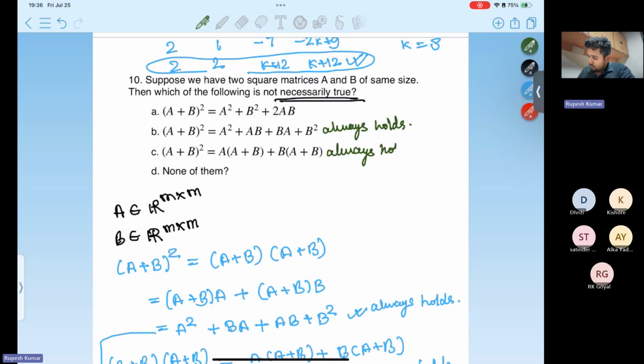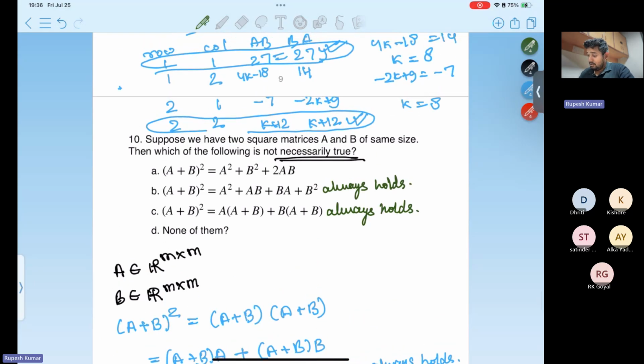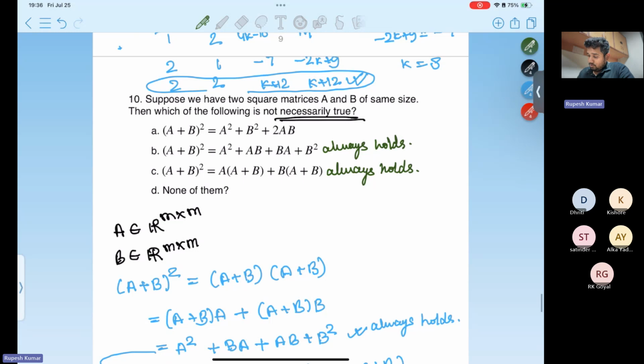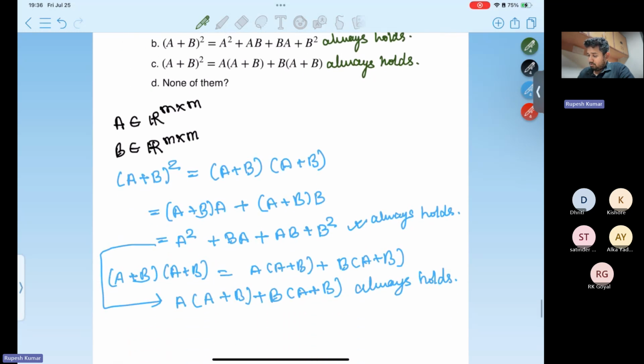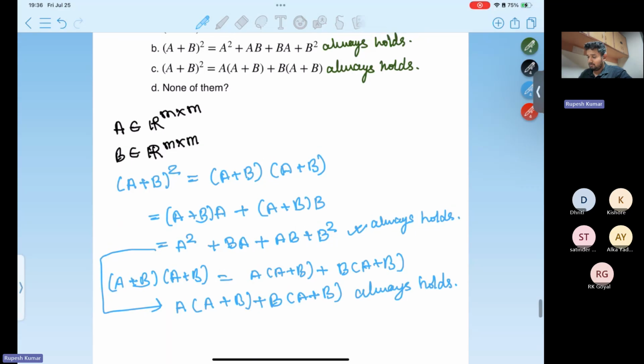always holds. Now the last option we have to check is option A. So it says A plus B whole square equals A square plus B square plus 2AB. When can we get to this, right? What is the scenario when we can get this? We can get to this if BA is equal to AB.